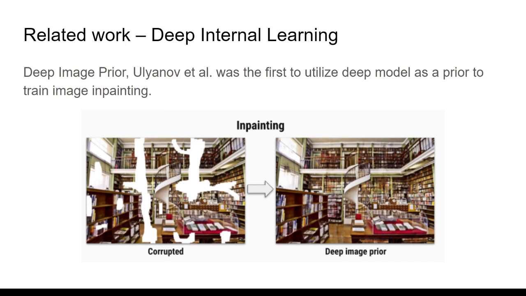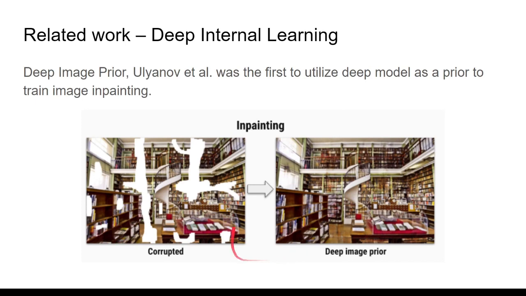The Deep Image Prior was the first project to utilize a deep model as a prior for image inpainting. They trained a deep model on the non-missing region of a single image from random Gaussian noise and tried to propagate similar content information to the missing regions.